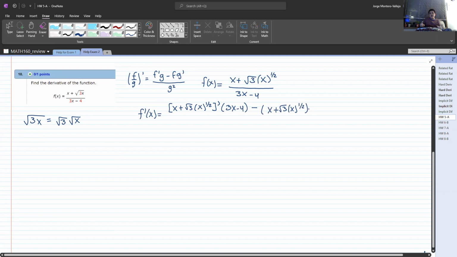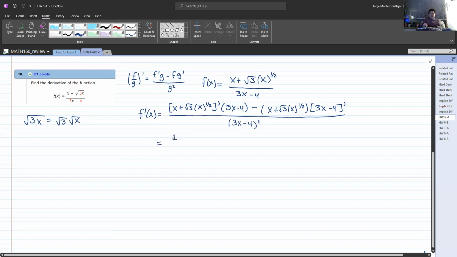Well, the derivative of 3x minus 4, that's 3. Right? And then, well, okay, let's not skip steps. Let's not do the derivative there yet. Let's write it as prime. And then we divide by 3x minus 4 squared.